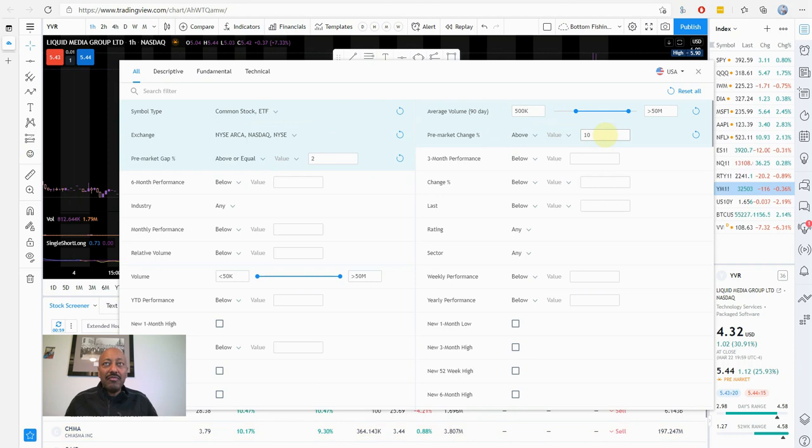Pre-market change, I did 10% for today because there was a lot of movement. And I want to see at least a 2% gap up for today. That gives me a strong signal that some runners will potentially come out of this trade. So I'll just see how the first 15 minutes or 30 minutes play out before entering a trade.